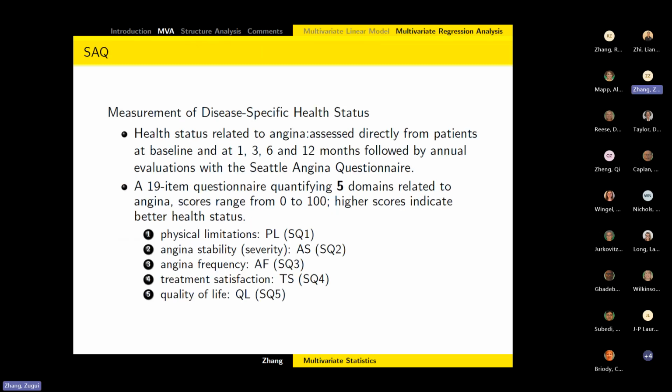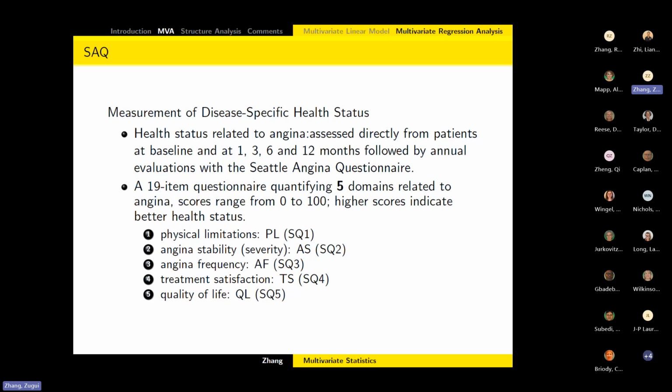Now I'm going to talk about a data set I played with for many years in healthcare. This is the measurement of disease-specific health data. The data set comes from a clinical trial, I think about 20 years ago, related to angina. One of the important tests in this study is quality of life.